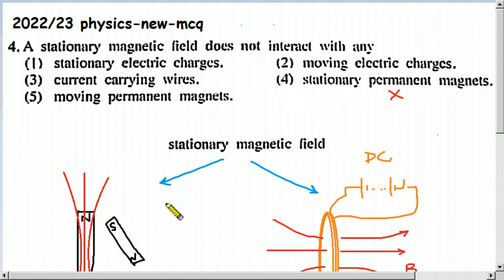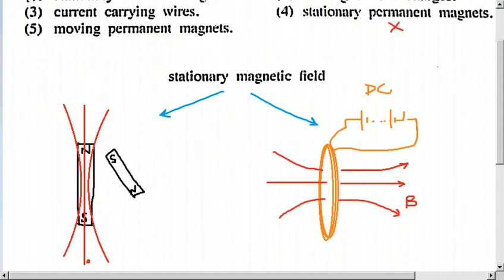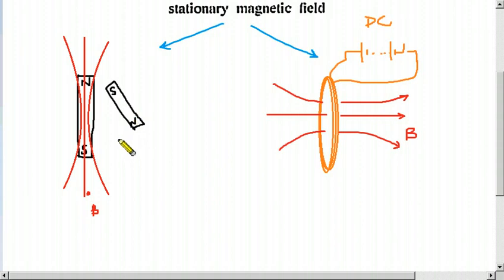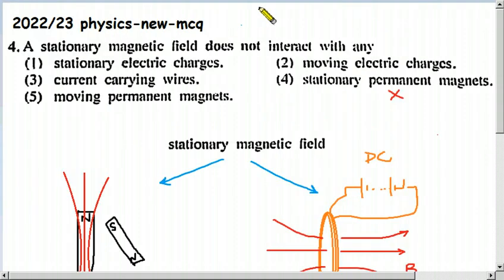Then moving permanent magnets. Whether the second magnet is stationary or moving, it is always attracted by the first magnet, the fixed one. We imagine that this one is fixed. Whether it is moving or not doesn't matter, it is attracted towards this first magnet. So this one will not be the answer. Moving permanent magnets are also attracted.